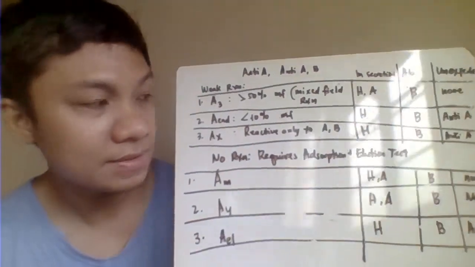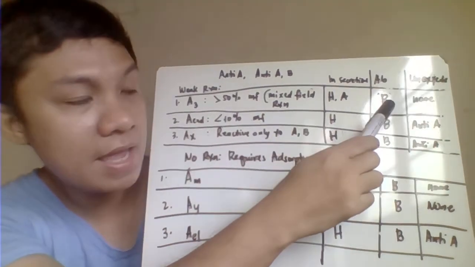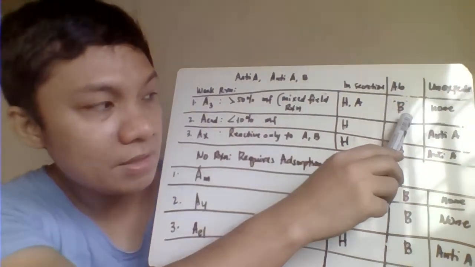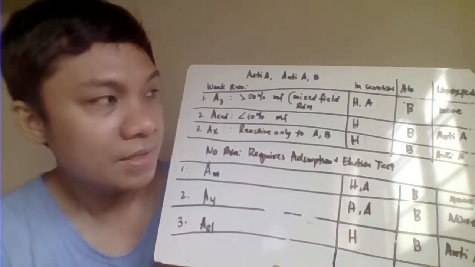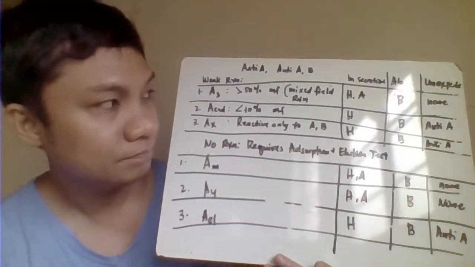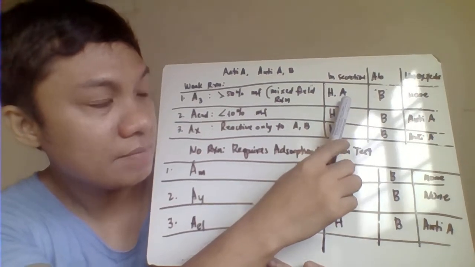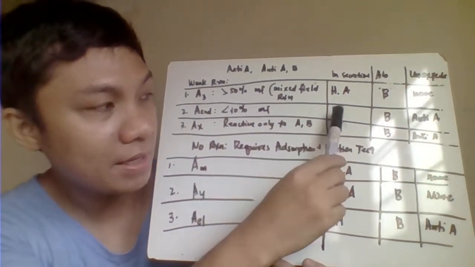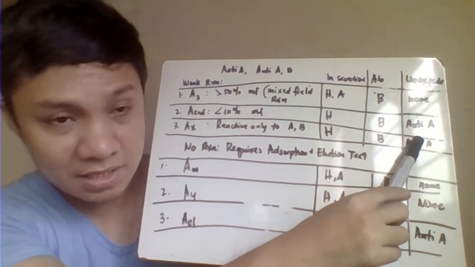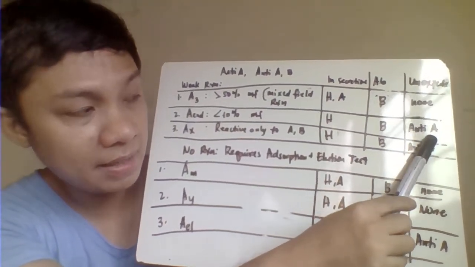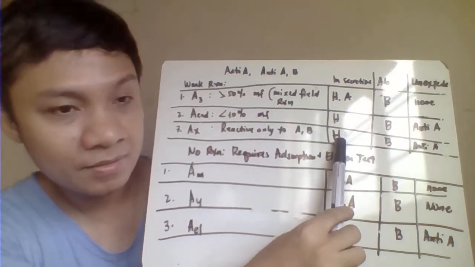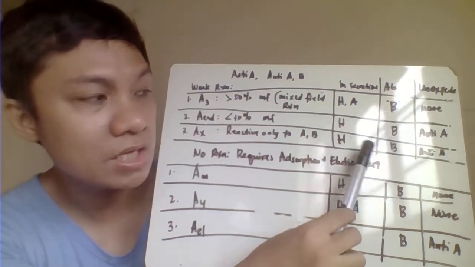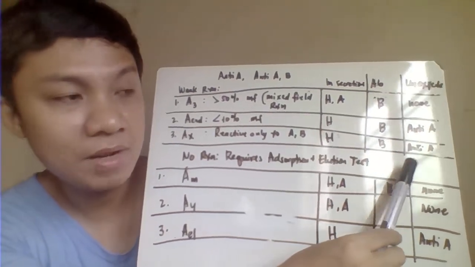Okay, antibody, since they are type A, we're expecting that they have an anti-B antibody. Since A3 has H and A, we have no unexpected antibody. This one has only H, so it has a tendency to develop anti-A antibody as an unexpected antibody. This one too, since we see only H in its RBC membrane and in its secretion, it has a tendency to develop anti-A antibody.